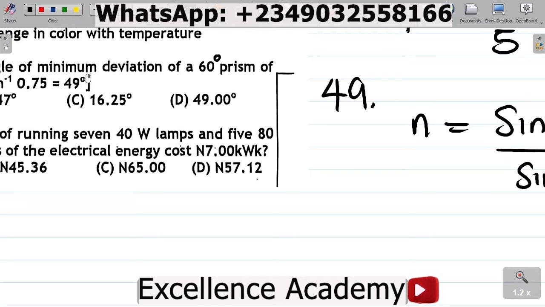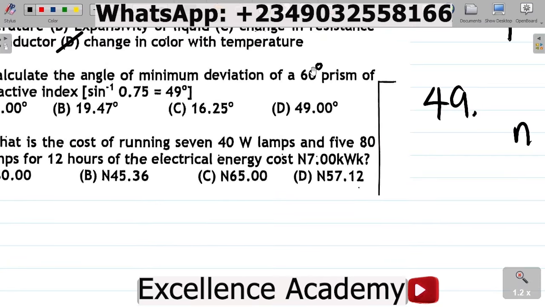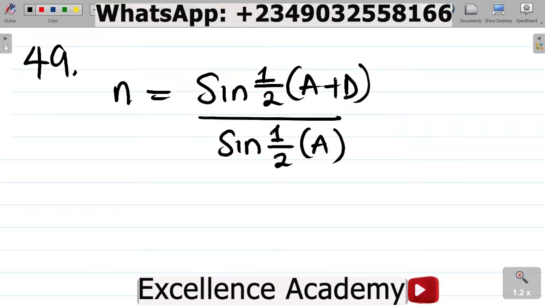Now, when they say minimum deviation of a 60-degree prism, this value, 60-degree prism, is called the angle of prism, and that's simply A. So you're being given the value of A here as simply 60 degrees.